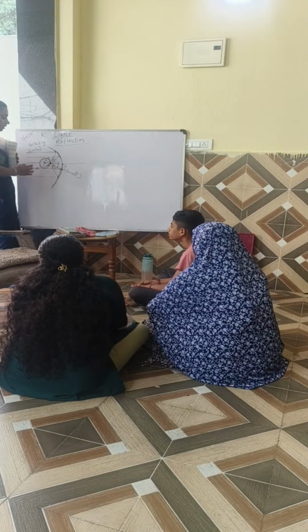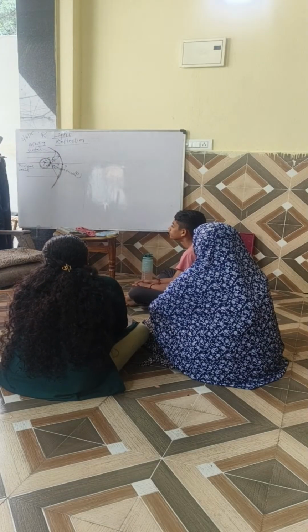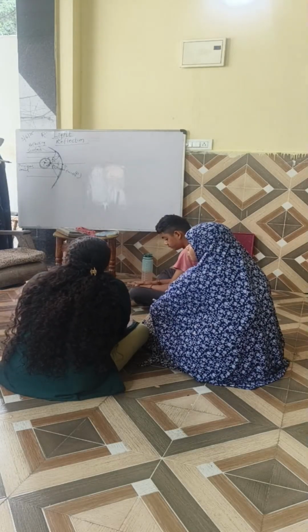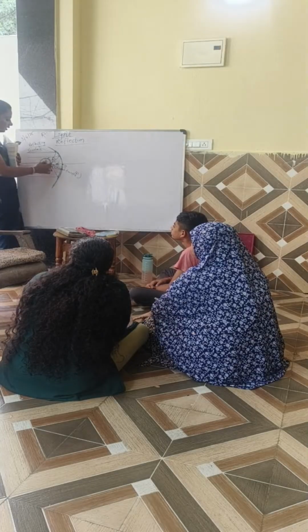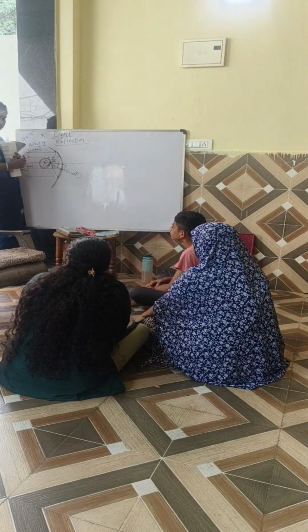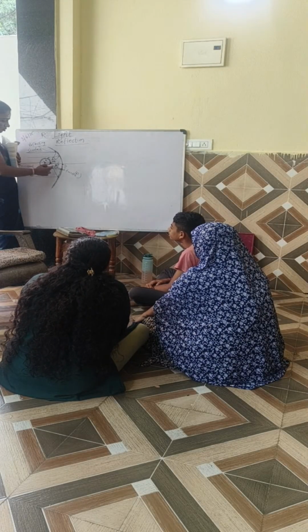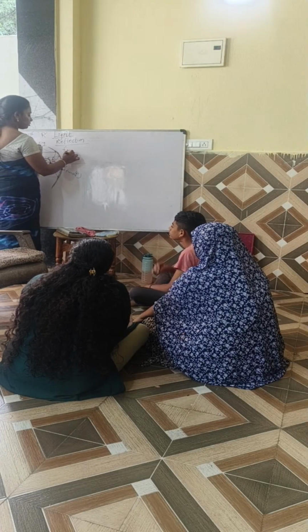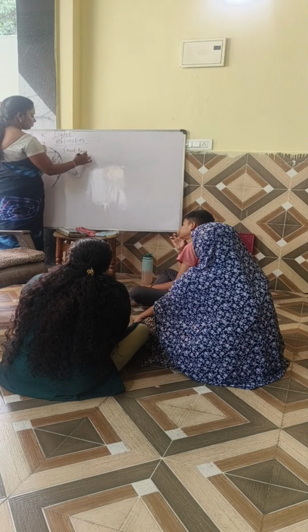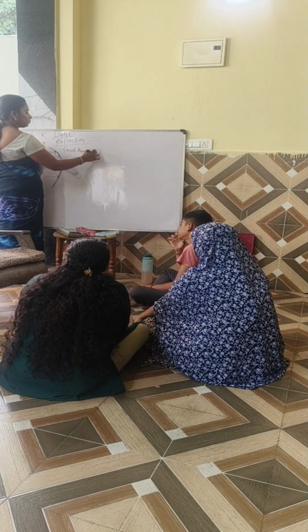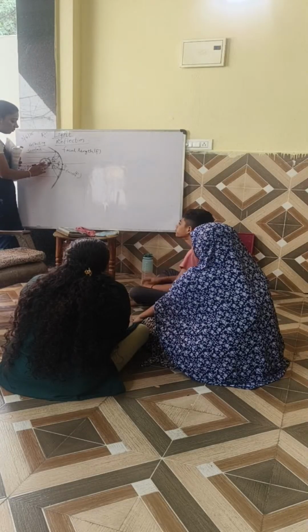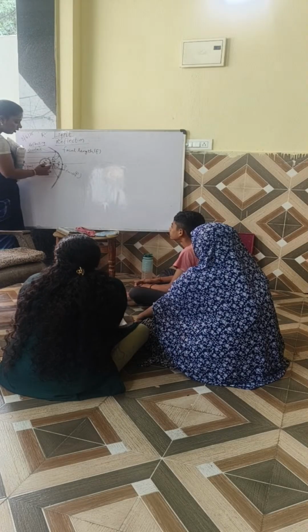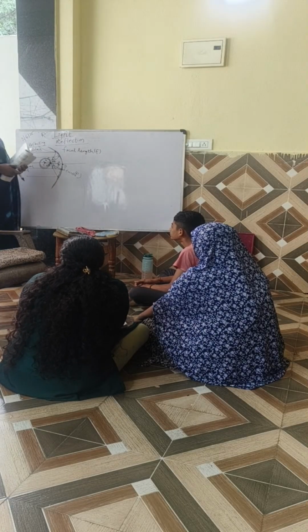What is focal length? Saranya, what is focal length? C and P is called radius. Radius. Focal length, we denote it with small f. Okay. The distance between principal focus and the pole is called focal length.